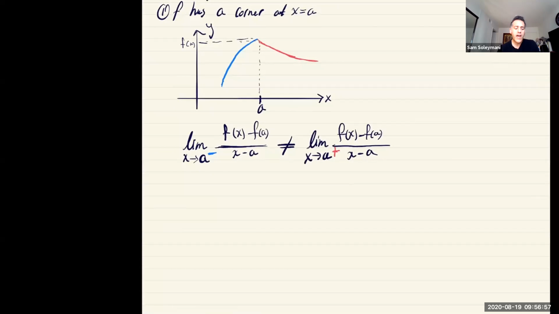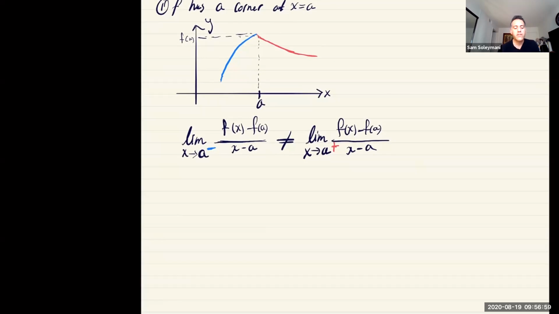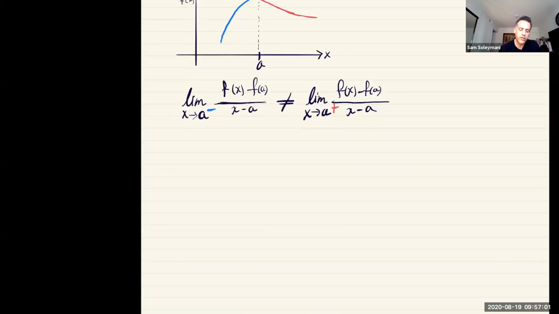So the derivative at a fails to exist because there is a corner. We say here f of x is not differentiable because there's a corner.